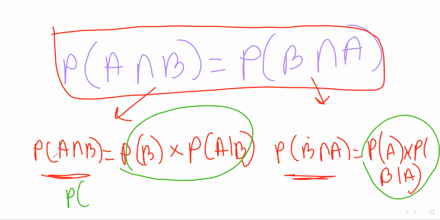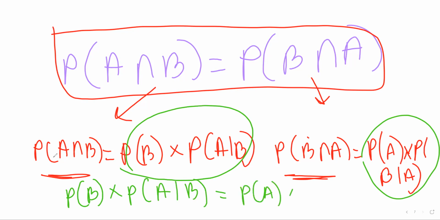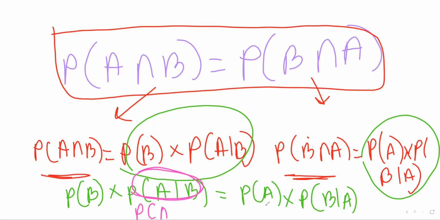So we can write P of B into P of A given B is equal to probability of A into probability of B given A. Now, if I rearrange this, I can just write probability of A given B is equal to probability of A multiplied by probability of B given A divided by probability of B. Now, this is what Bayes theorem looks like.